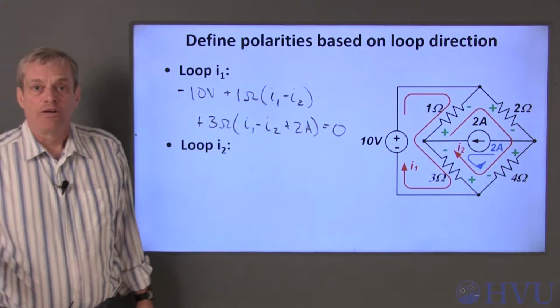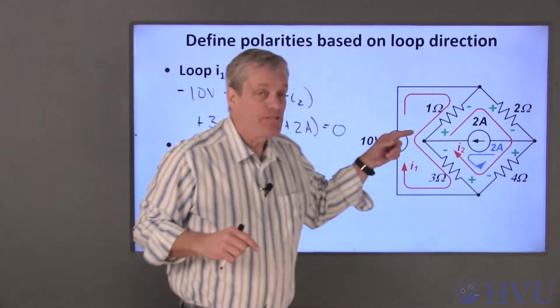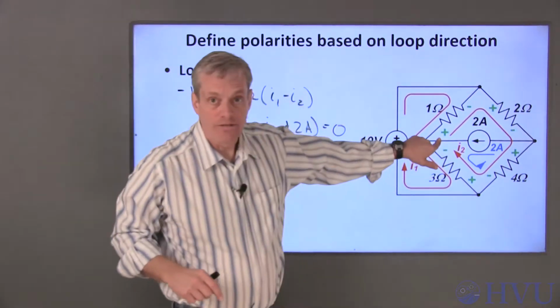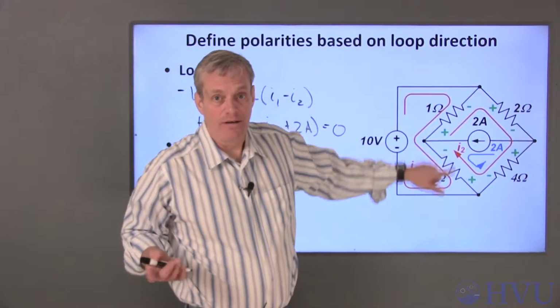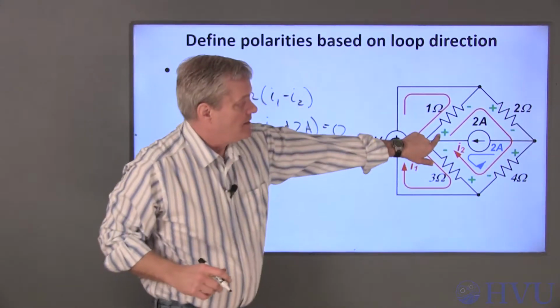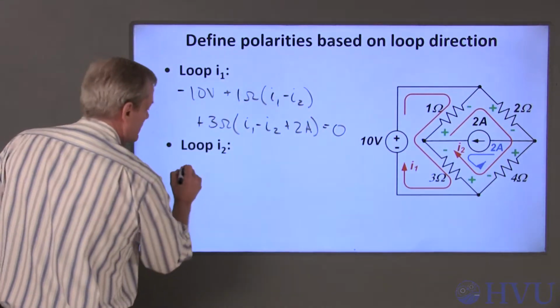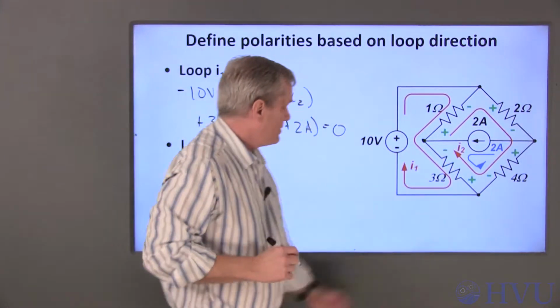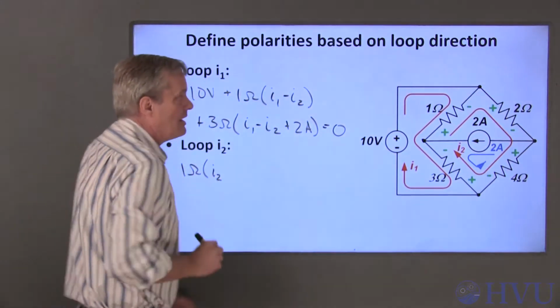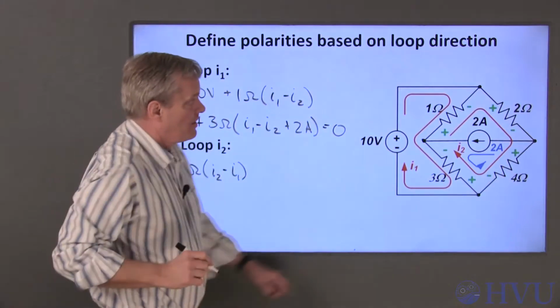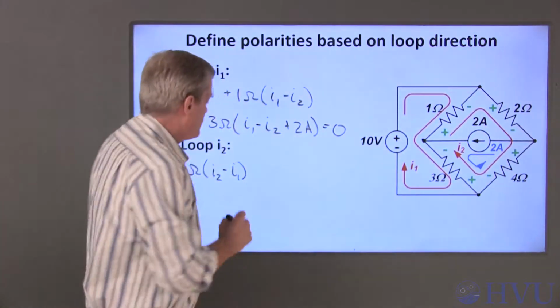When I do KVL around loop I2, I now set my voltage polarities so that the current I2 always enters the positive voltage terminal again. Now, if I start here and do KVL, I see a positive term first. Its resistance is 1 ohm. I2 enters the positive terminal, and I1 enters the negative terminal. For this resistor, it's 2 ohms.